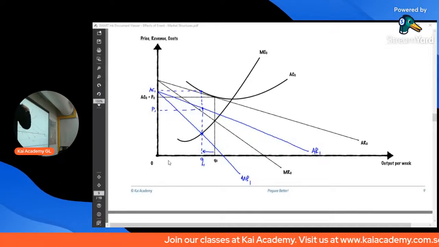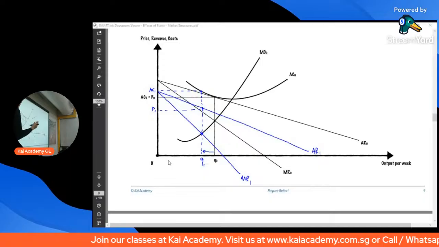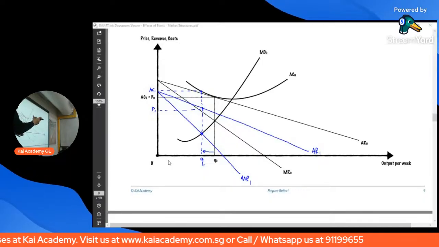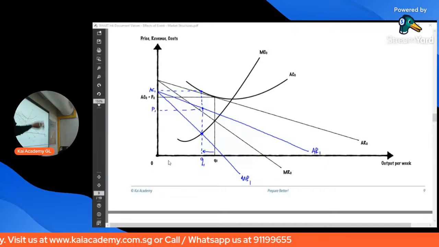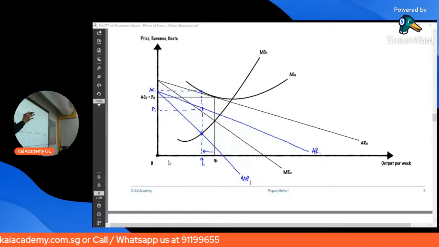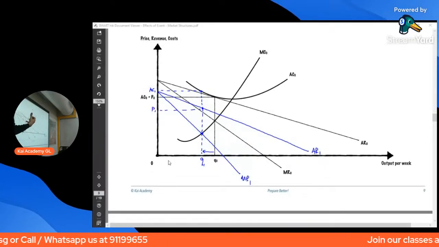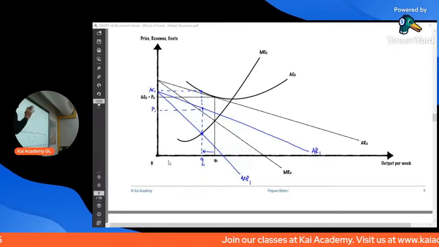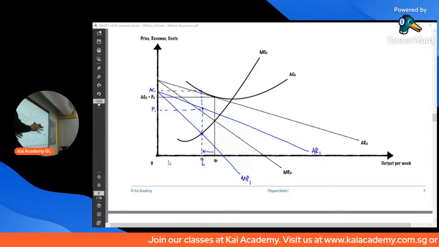So the firm now gets into subnormal profit. Will the firm shut down? Maybe, maybe not. So we assume for simplicity that firms don't shut down, not because it's true, just because we don't want to complicate matters. So we assume for simplicity, firms don't shut down in the short run because there are exit barriers.